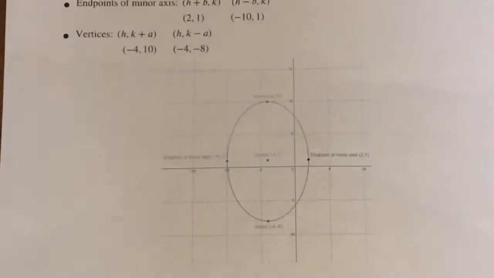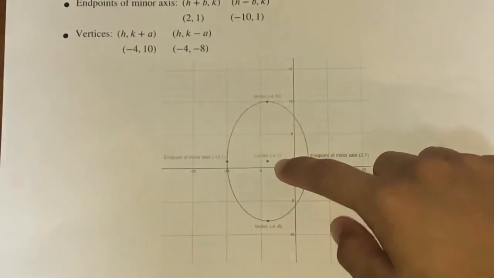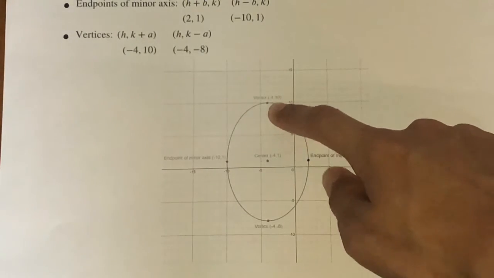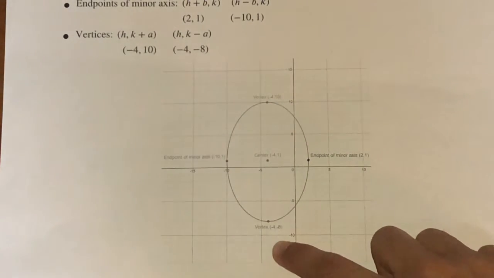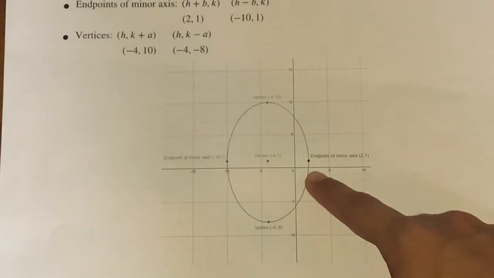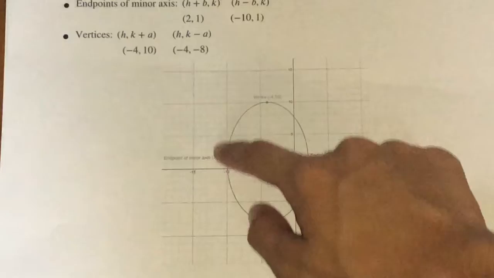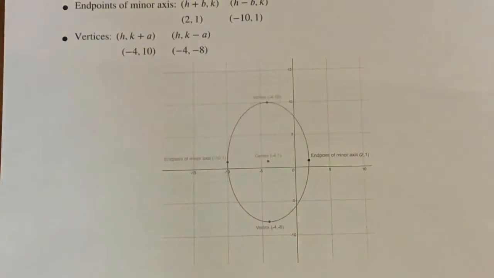As you can see, we have the center at negative 4, 1 right here, and these two vertices, which are negative 4, 10, and negative 4, negative 8. And these are the two endpoints, which are 2, 1, and negative 10, 1. And it is all connected around, and it makes a vertical major axis ellipse, just as we predicted.